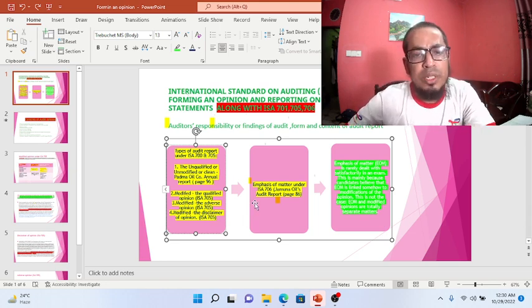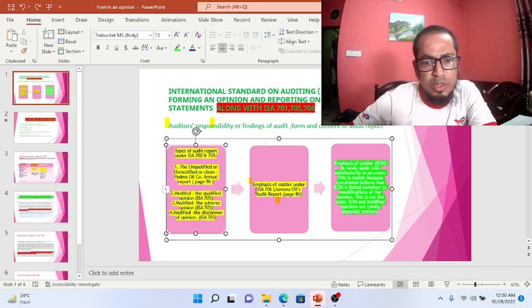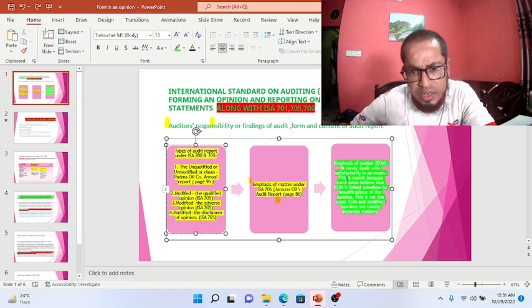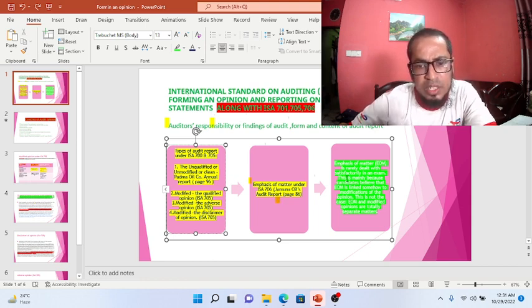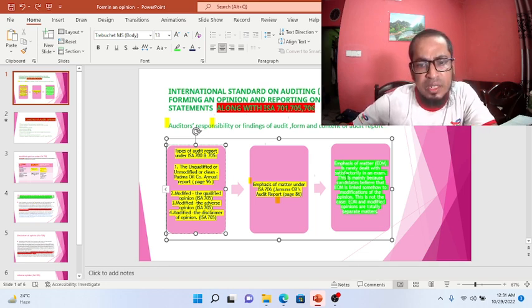We should have knowledge of emphasis of matter. Under 706, we will see Jamuna Oil Company's audit report, and at last, emphasis of matter. Dear students, you should especially know that emphasis of matter doesn't mean qualification, that is, modified or adverse or disclaimer.